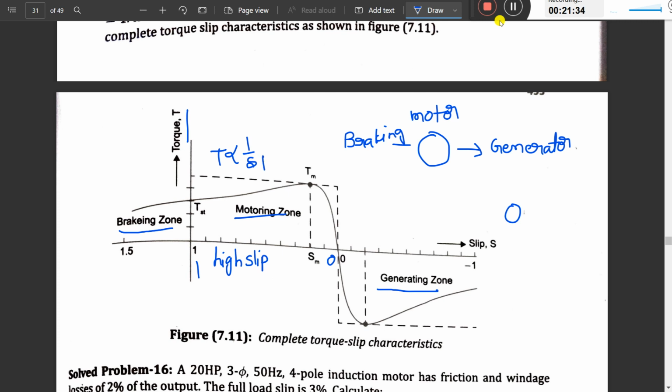When the slip decreases, the torque increases. In the low slip region, the torque is directly proportional to the slip. When the slip decreases, torque also decreases. Try to observe these two points. In the high slip region, when the torque decreases, slip increases. In the low slip region, slip decreases, torque also decreases.